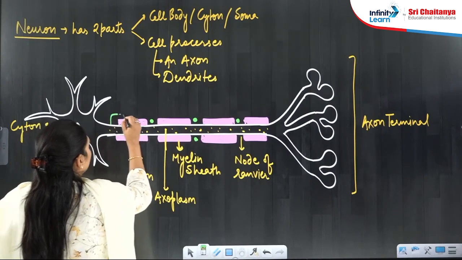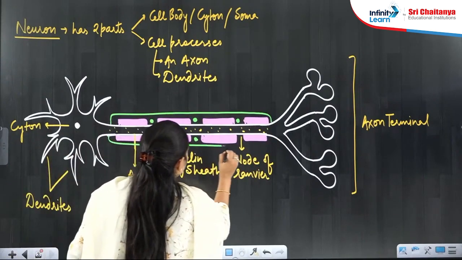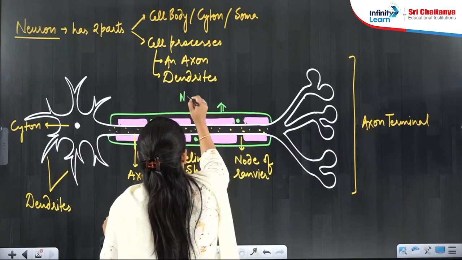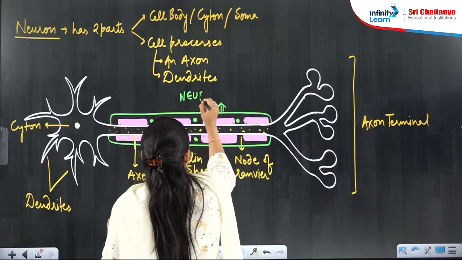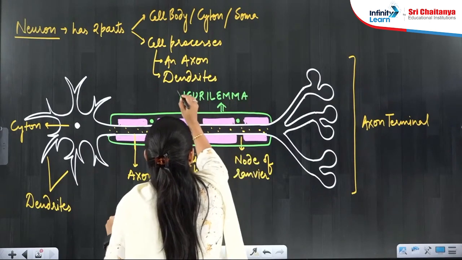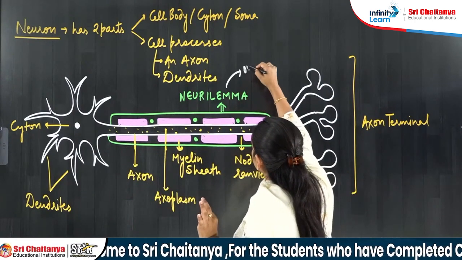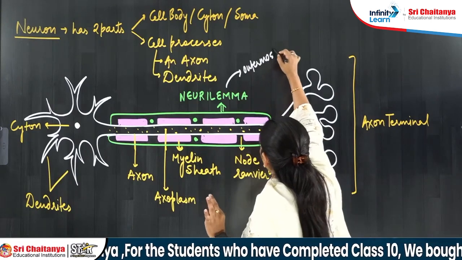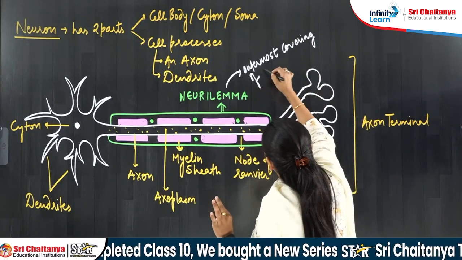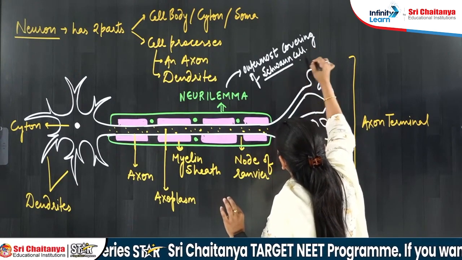The outermost covering of the Schwann cell is known as the neurilemma. So always remember, the neurilemma is the outermost covering of the Schwann cell, and the Schwann cell is present only in the PNS.